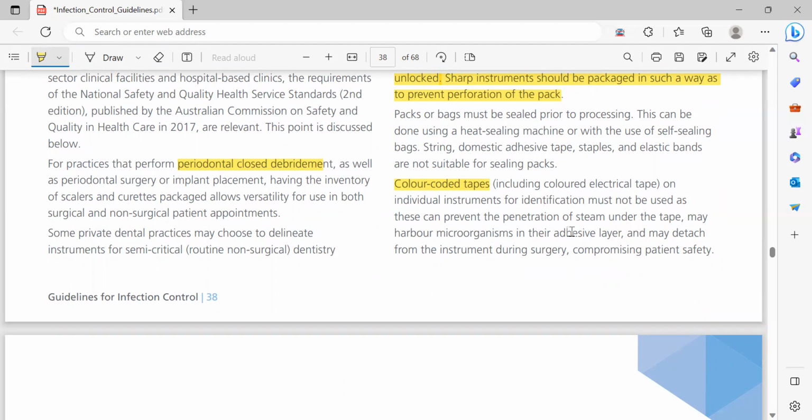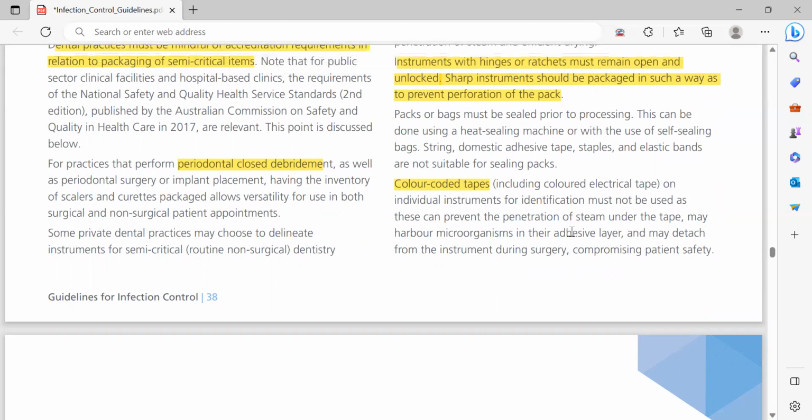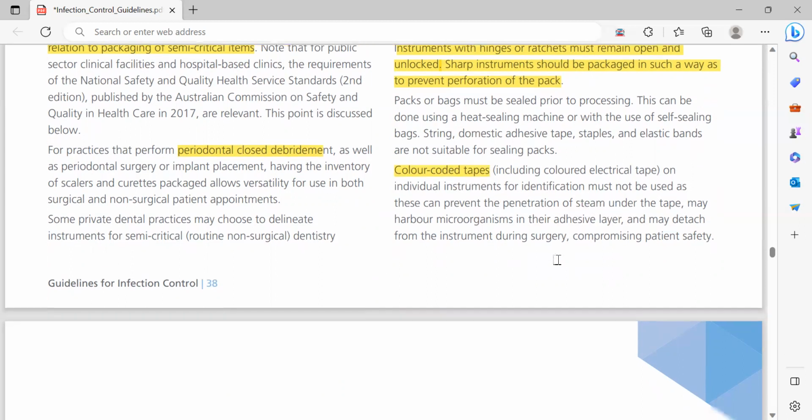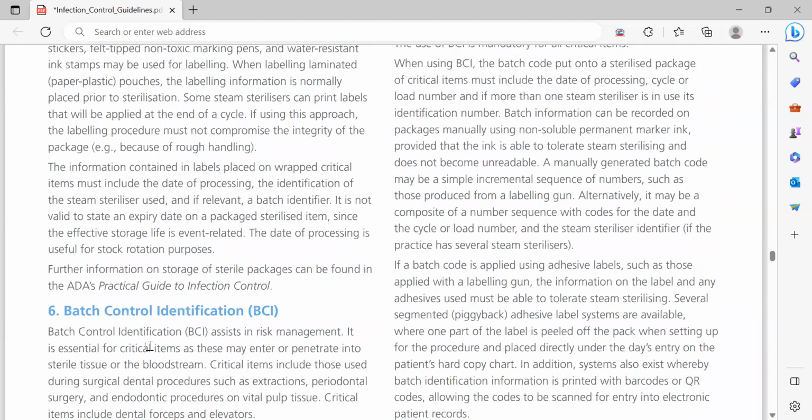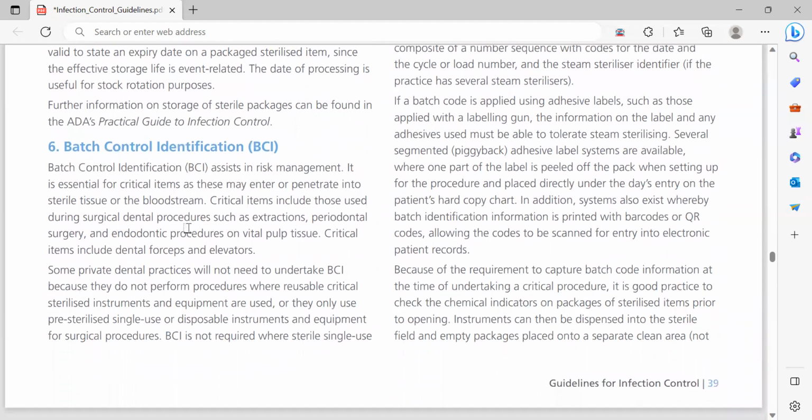Some dental operatories have different rooms and they just put color coded tape on the packs. This should not be done because the tape can interfere with the penetration of the steam and compromise the patient's safety. Then the BCI, which is the batch control identification.